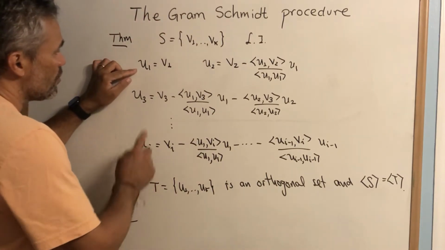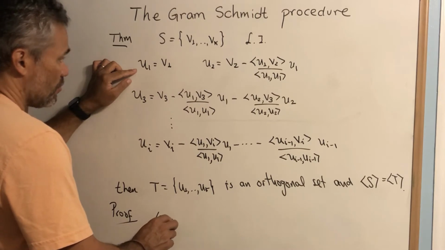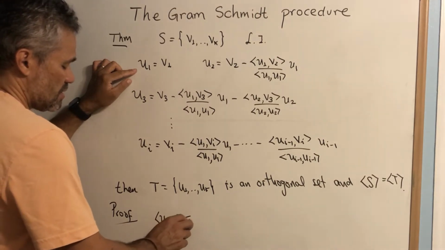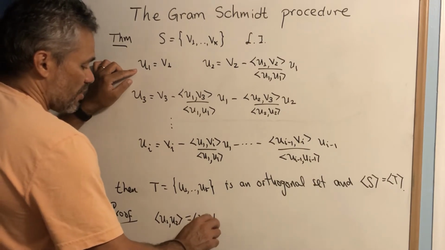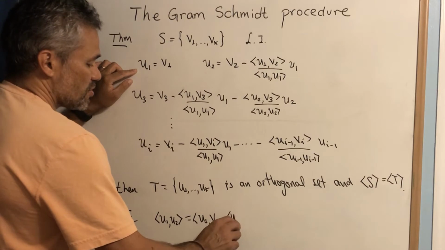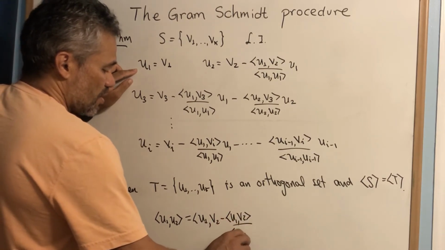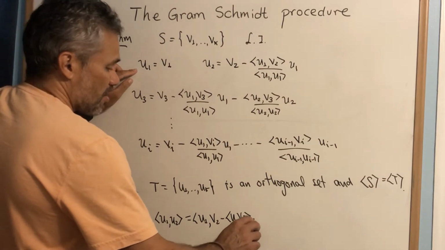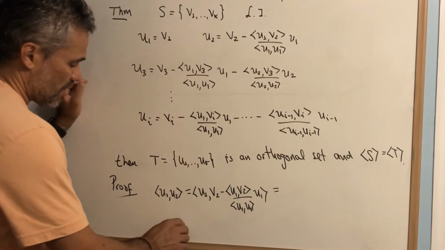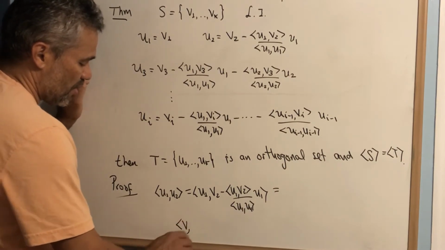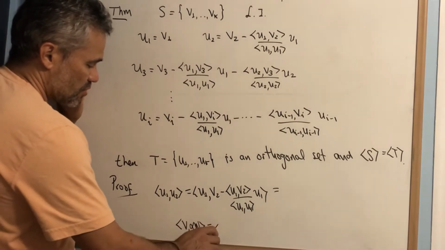When I do the inner product of U1 with U2, this is U1 with B2 minus ⟨U1, B2⟩ over ⟨U1, U1⟩ times U1, and remember that when we take the inner product with alpha times W, the alpha goes out.